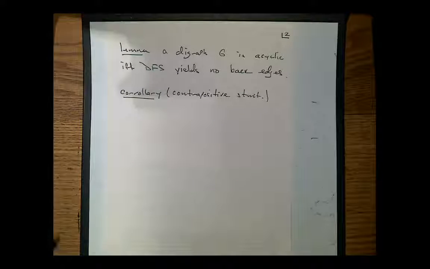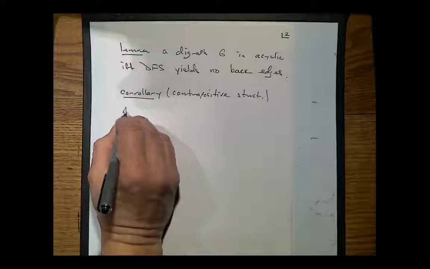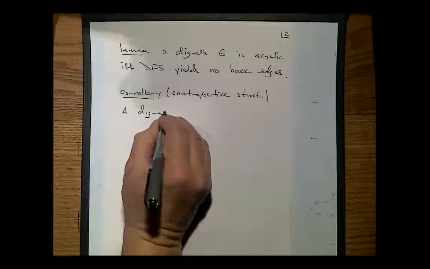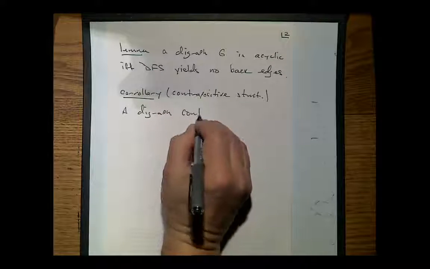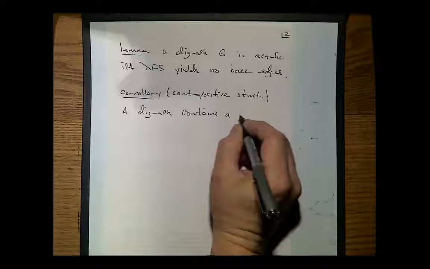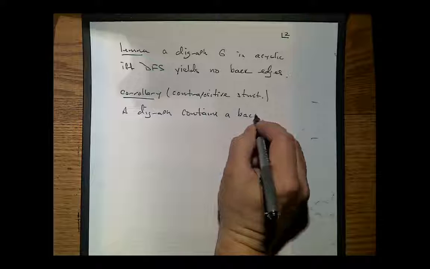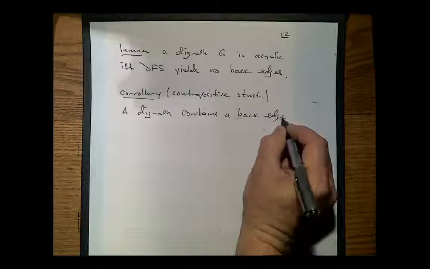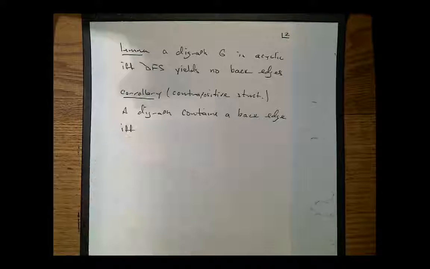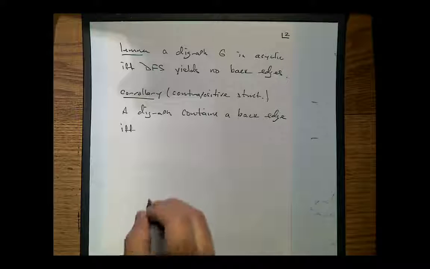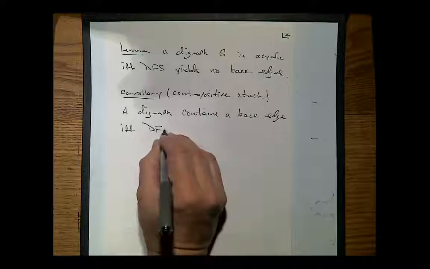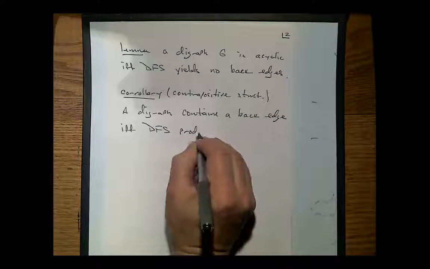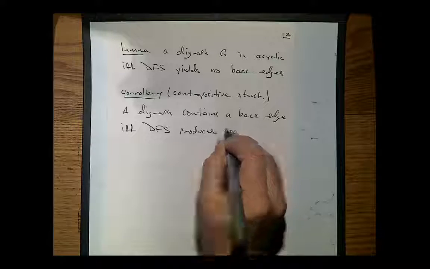I'm going to actually prove this contrapositive, the corollary, and it says that a digraph contains a back edge if and only if DFS yields no back edges. Huh?